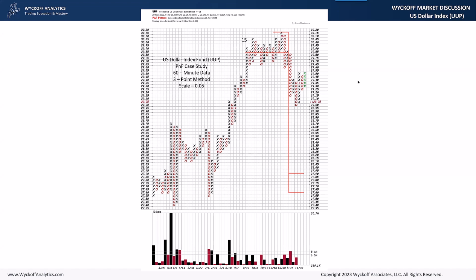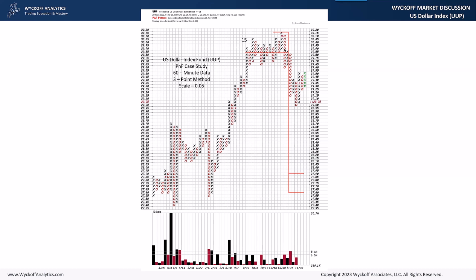Anyway, I don't trade the currencies, but I do pay attention to some surrogates. UUP is a surrogate, and I do that because I can do point and figure on it. This particular chart is a 60-minute chart, but what I really want you to see here is this classic Wyckoff distribution structure.